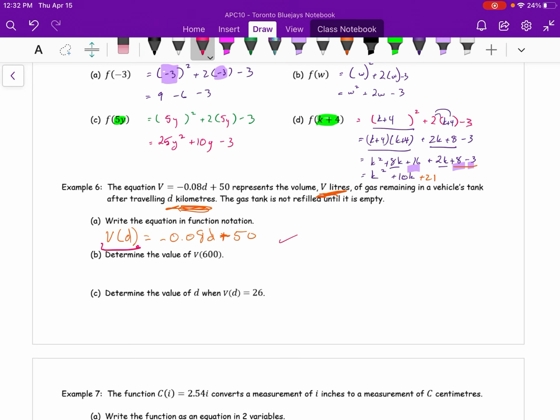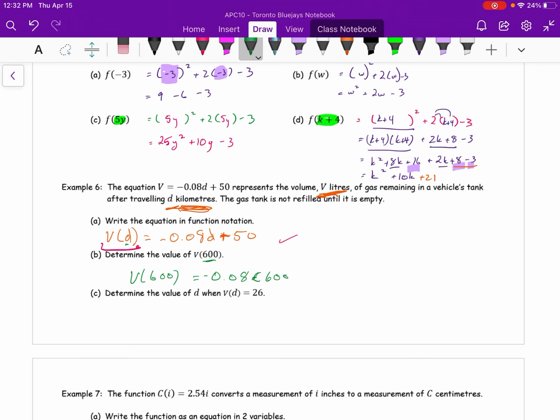I'm going to determine v of 600. And if you notice, my input is 600. And d is also in brackets. So really, this is determining the volume when I've driven 600 kilometers. And I can quickly do that. Now, I forgot a calculator. My apologies.